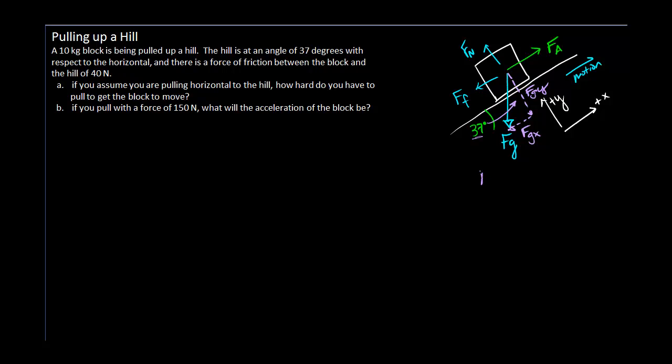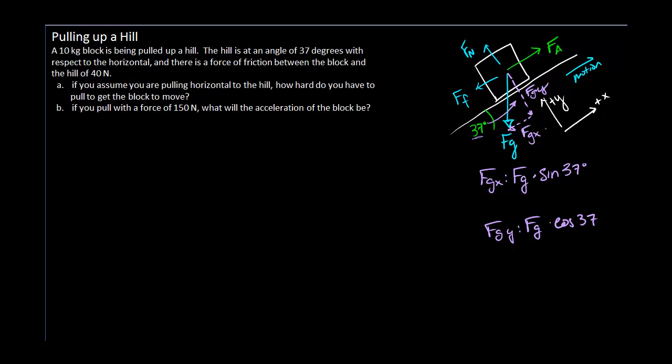So our gravitational force in the X direction would be our total weight times the sine of our hill angle, and our gravitational force in the Y direction would be our total weight times the cosine of the angle of our hill. And we'll figure these out in a second.